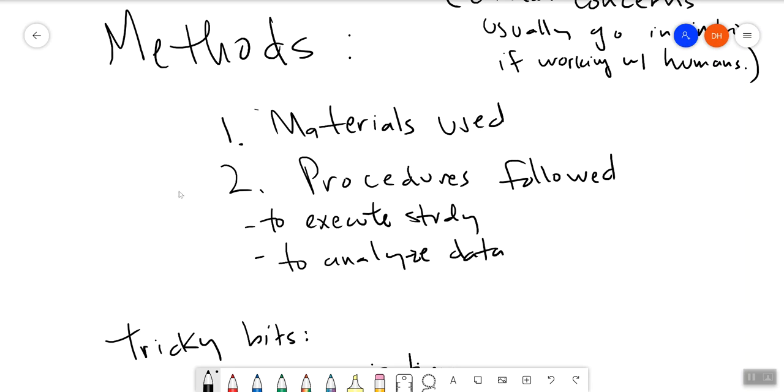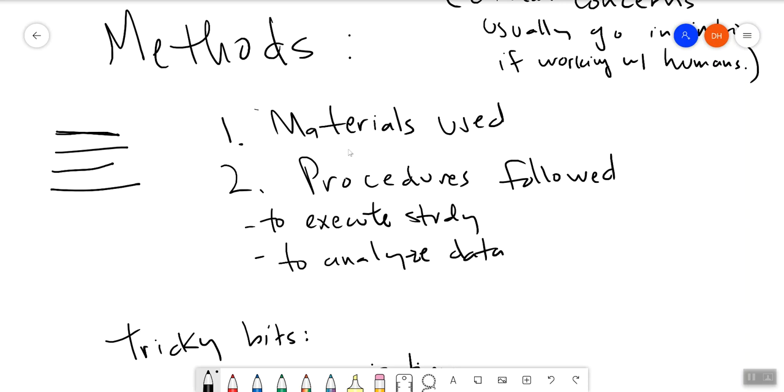Okay, if you go and read any science paper, they're going to tell you the equipment they used. Like, for example, if we're doing particle physics or something, they're going to tell you the equipment they used, probably the location, the lab, people involved, what procedures they were using, what materials.